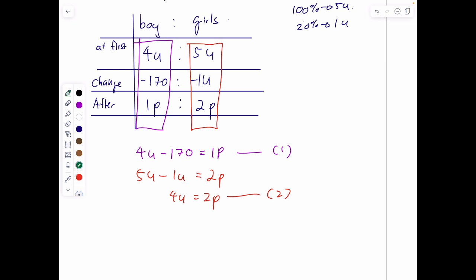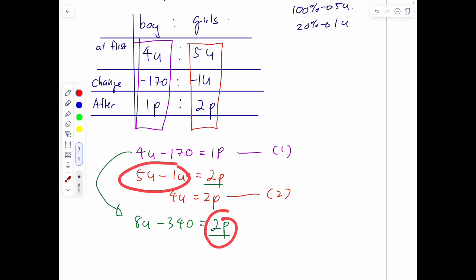So I will take this equation and I'll multiply everything by 2. So 4u becomes 8u. Okay, 170 becomes 340. And then my 1p becomes 2p. Right? So right now, if you take a look at it, this is 2p, this is also 2p. So now I can go ahead and replace. Instead of writing 2p, I can write 5u minus 1u, which is actually 4u.